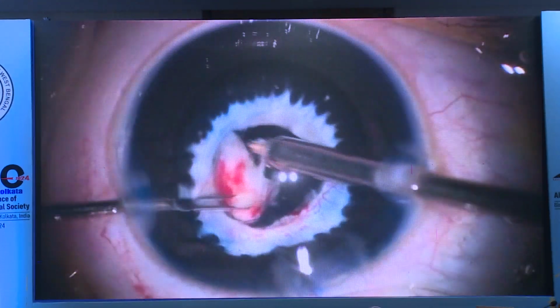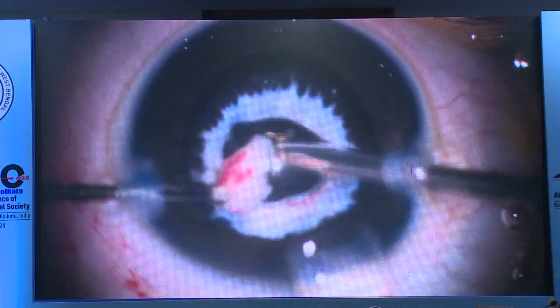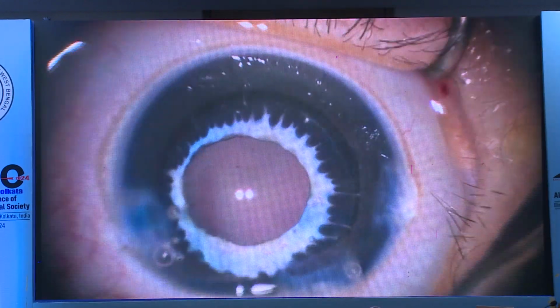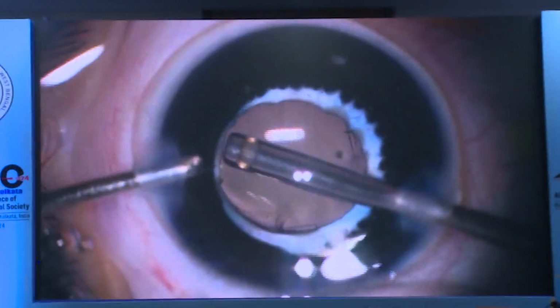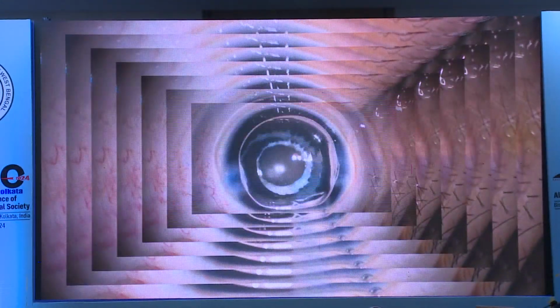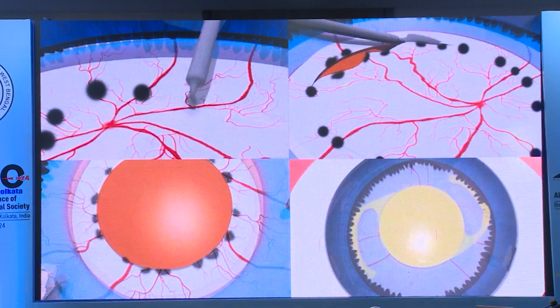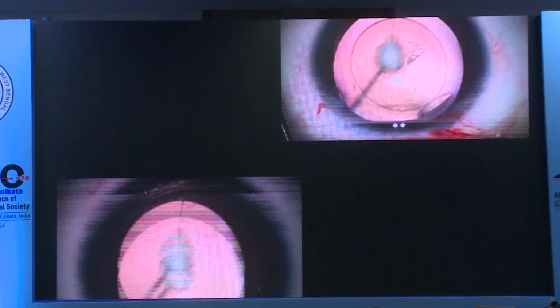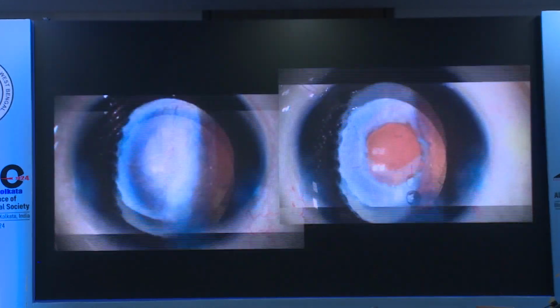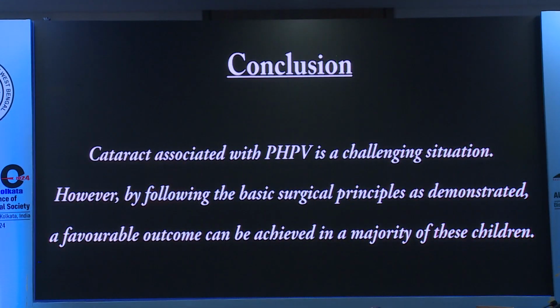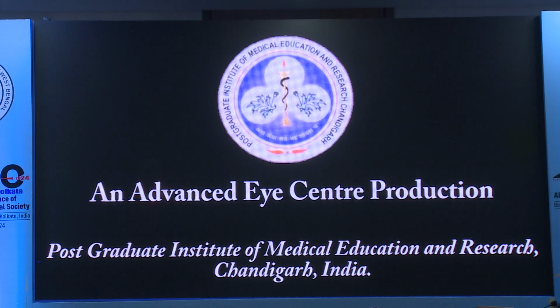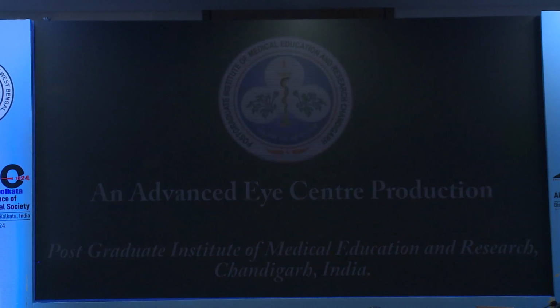So we used Vannas scissors and then cauterized the stalk, and then implantation of the IOL in the capsular bag. These are some of the other situations in PHPV which we have managed. So cataract associated with PHPV is a challenging situation, and we can manage it.